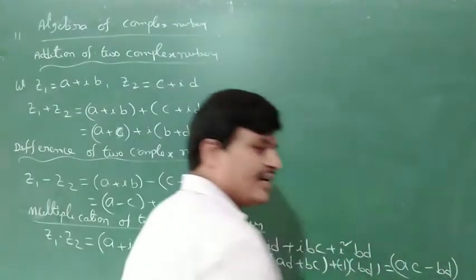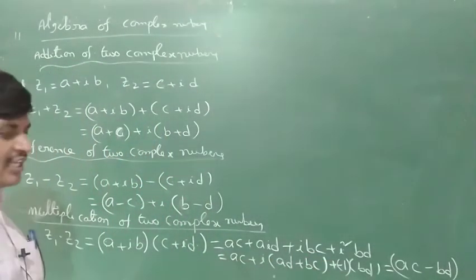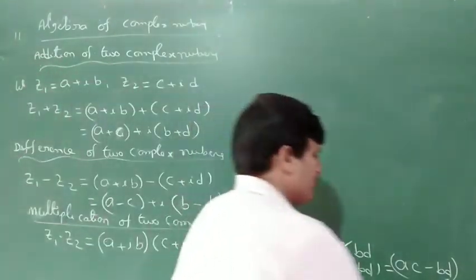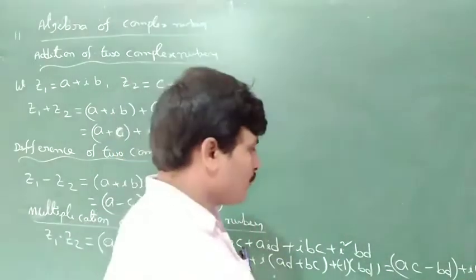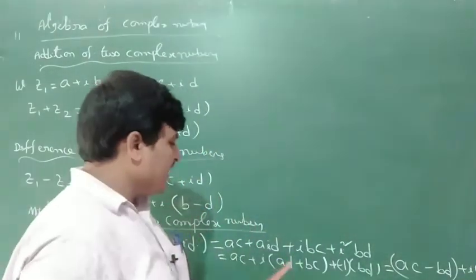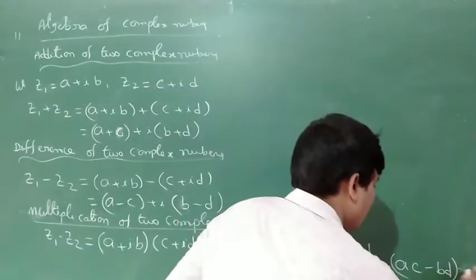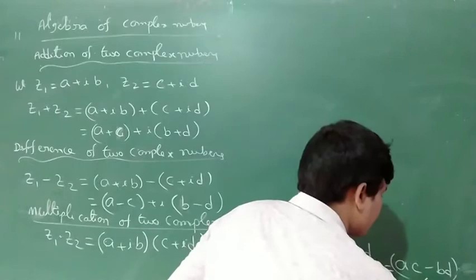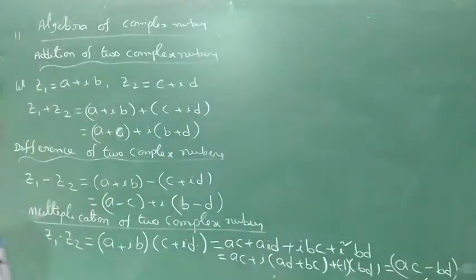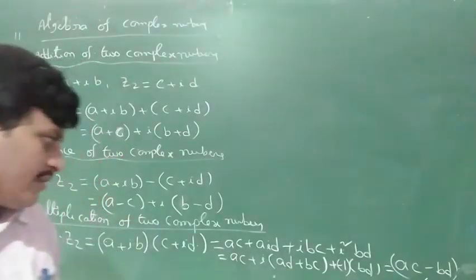This is one bracket, this is the real part. The imaginary part is the i term, plus i into AD plus BC.